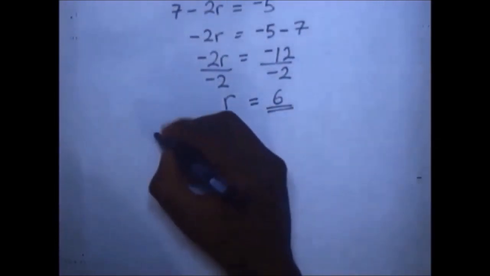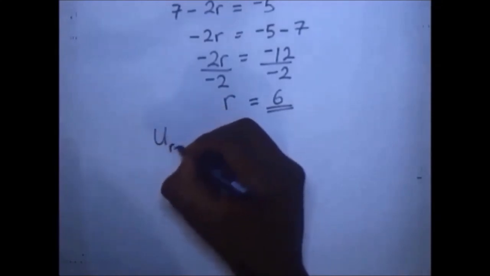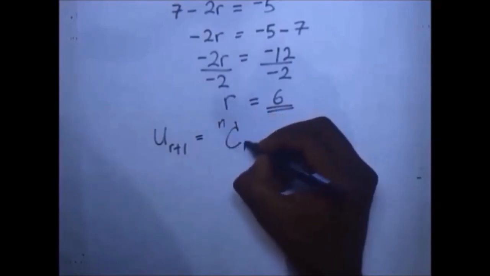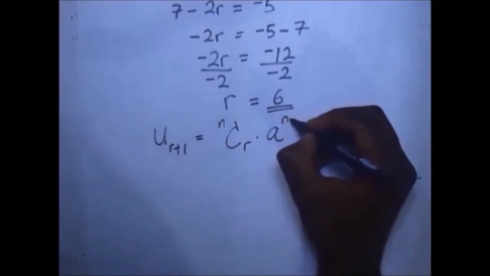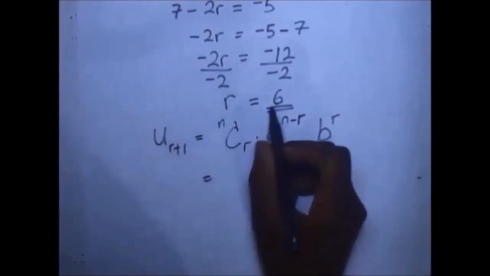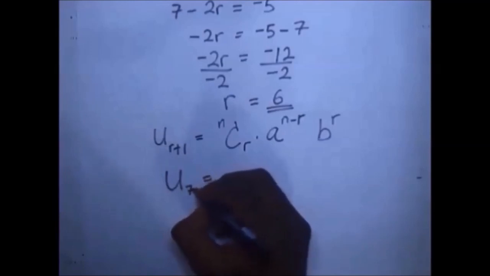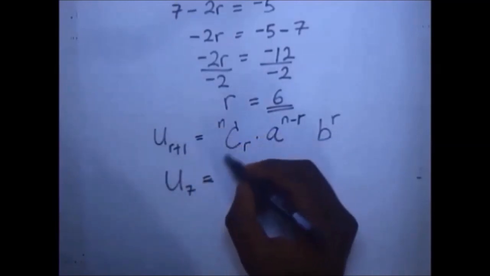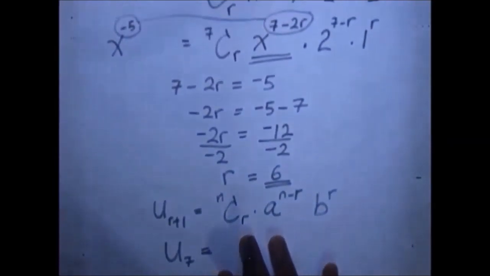So we go ahead and say our U(r+1) is equal to n combination r times a to the power n minus r times b to the power r. What is our value of r? It is 6, so it is U7, our 7th term.